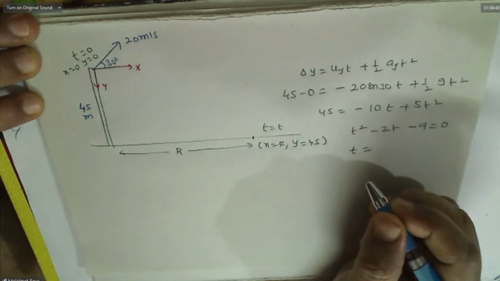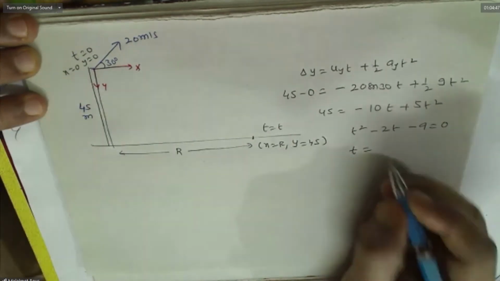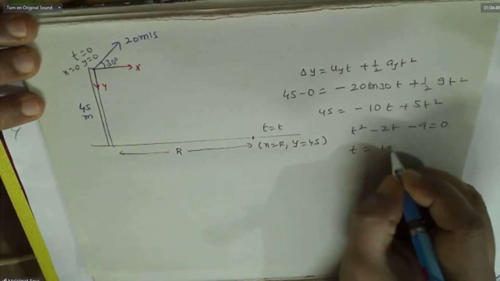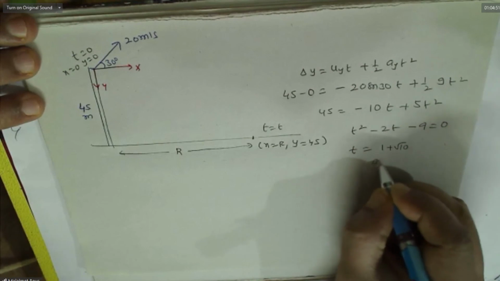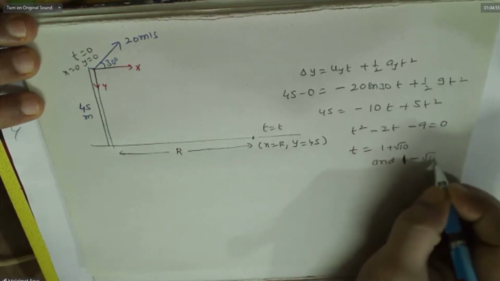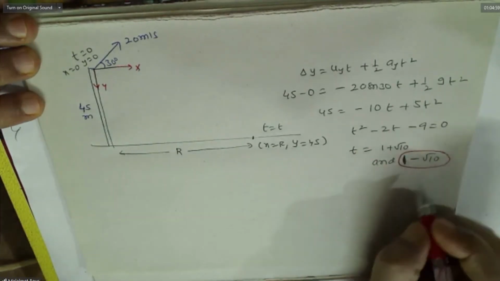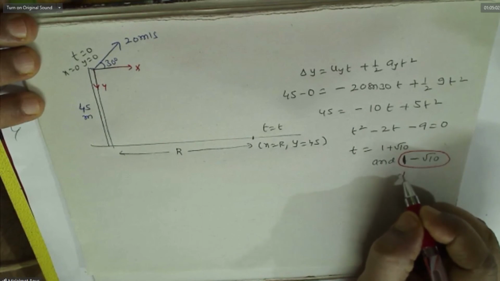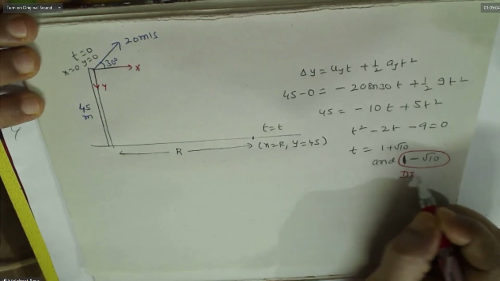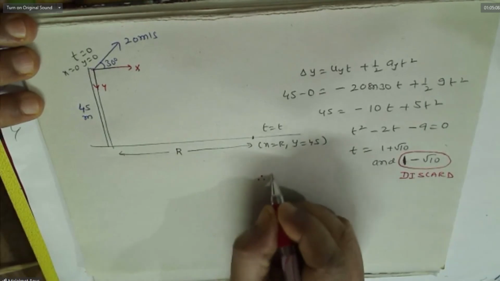So you'll get T. It's a quadratic, no? This is not possible, no? So discard this. Therefore, what is the time of motion?